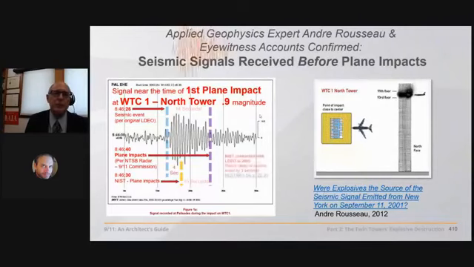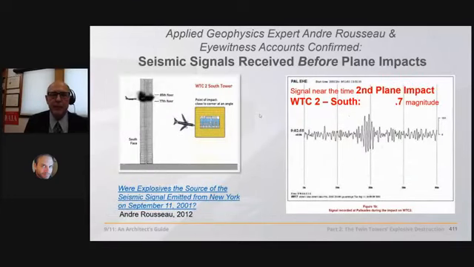You go back to Columbia University and get them to move their whole seismic event back 3 seconds in a privately contracted report that we cannot even see. They will not release it.